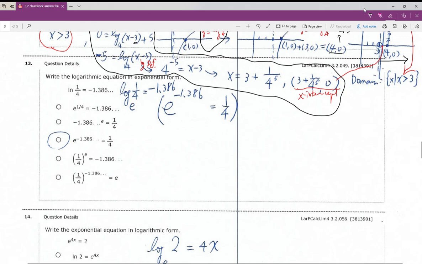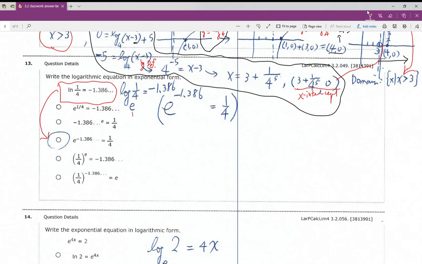So here is the question for number 13. There's a given function, the given logarithmic function. Can you rewrite it to become an exponential function? Now, you want to pay attention. Ln means base e. So the base is e. When the base is e, what's your exponent? Your exponent is the output.